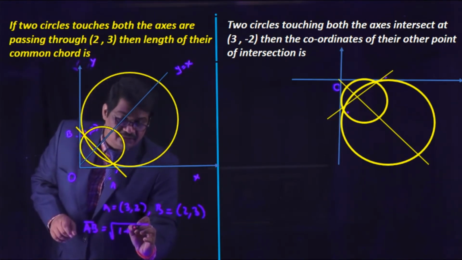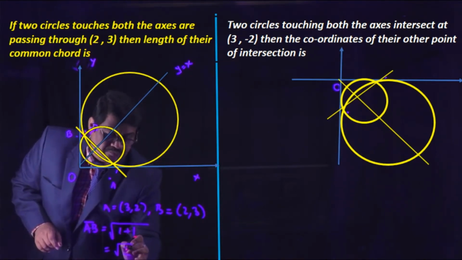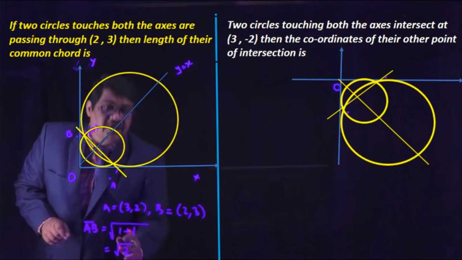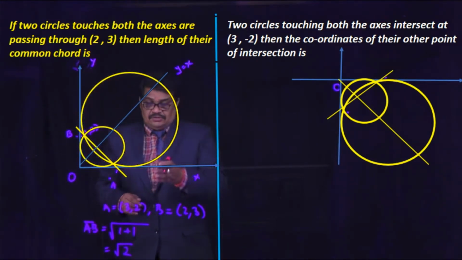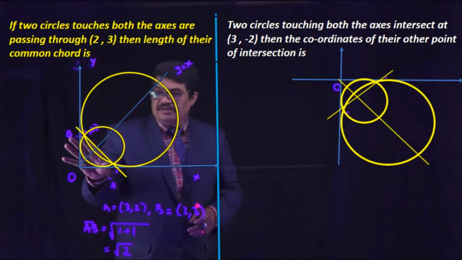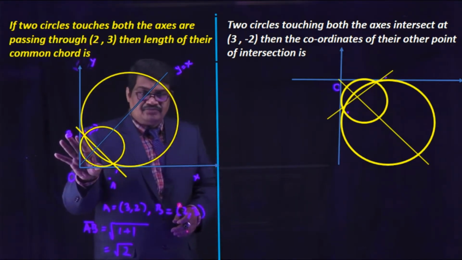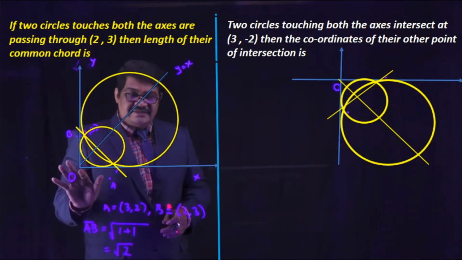That is 1 squared plus 1 squared, which equals root 2. The length of the common chord of these two circles is root 2. This is the answer.